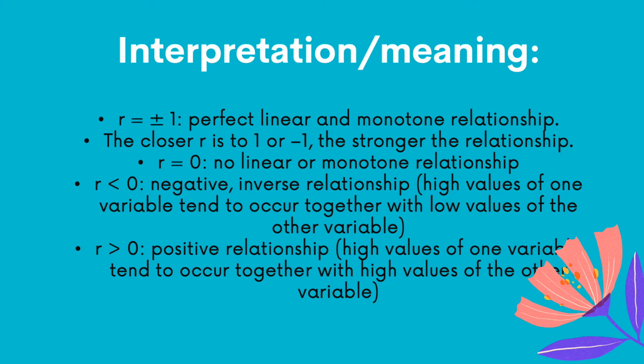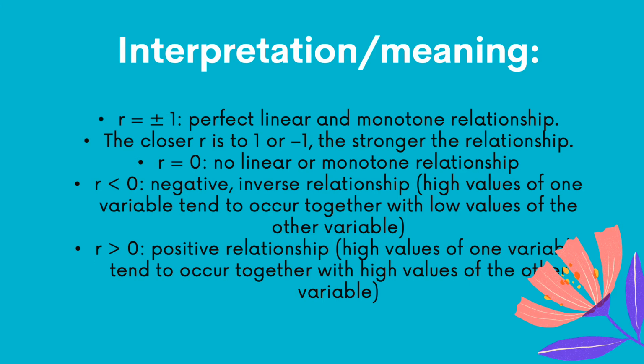For r equals 1, a perfect linear and monotone relationship is expected. The closer r is to 1 or negative 1, the stronger the relationship. When r is equal to 0, it means no linear or monotone relationship.